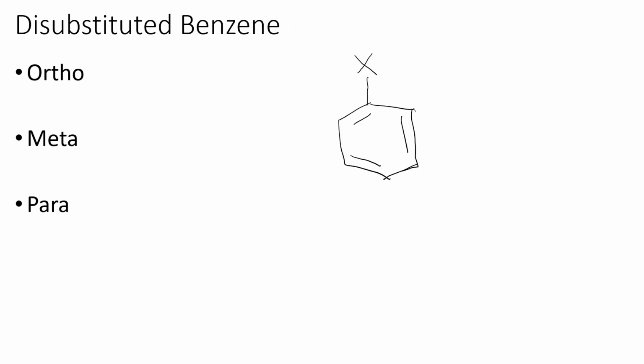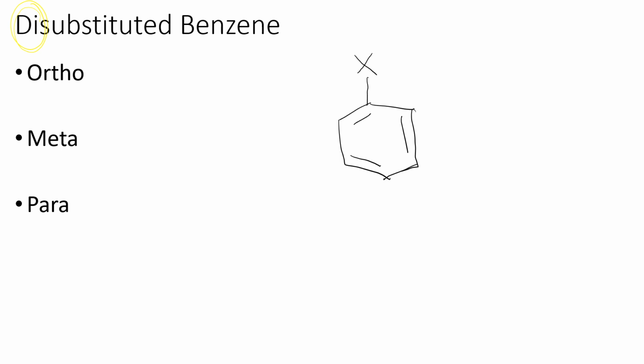We are going to see some di-substituted benzenes that have some different locants that we can use with them. The key here is being di-substituted, di meaning 2, so we are only allowed to have 2 substituents on benzene to use these very specific prefixes. So I have benzene drawn and I've got 1 substituent already on benzene.